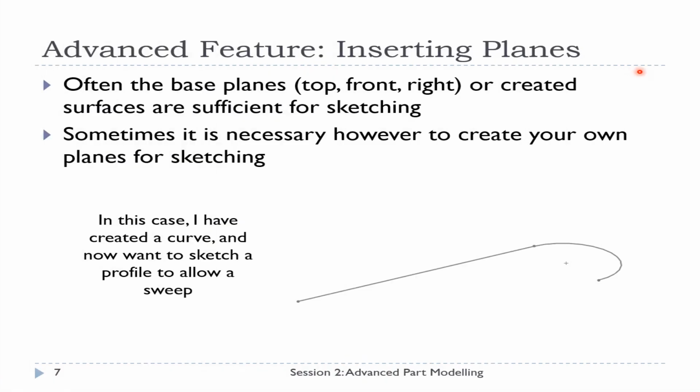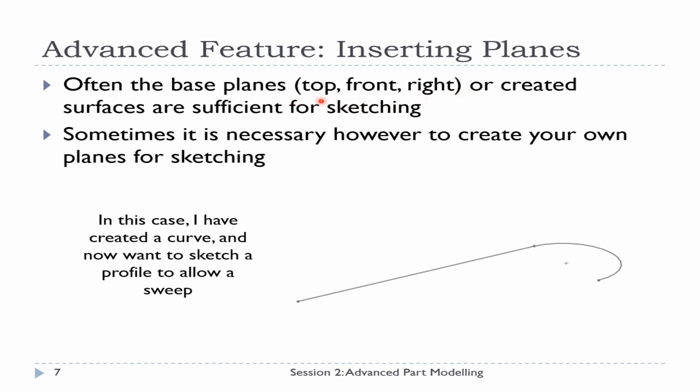Okay, let's get started with some advanced features. The first one we will be discussing today is the plane feature. If you recall from the first session, we said that every SolidWorks part comes with three main planes, top, front, and right planes in the design tree.